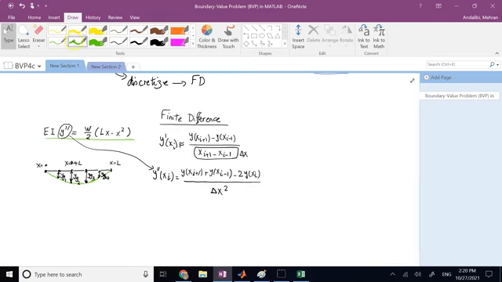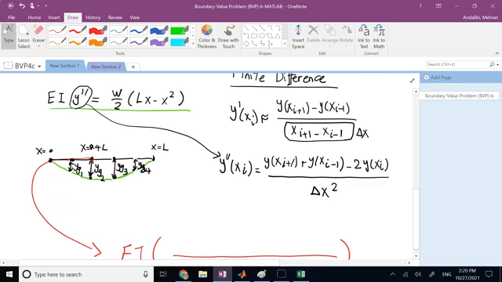Then if I want to check at this node whether my equation is correct or not, what do I do? I say E times I times y double prime at that node, which, based on this definition, is y at the next node, so xi is here, this is xi plus 1, this is xi minus 1.